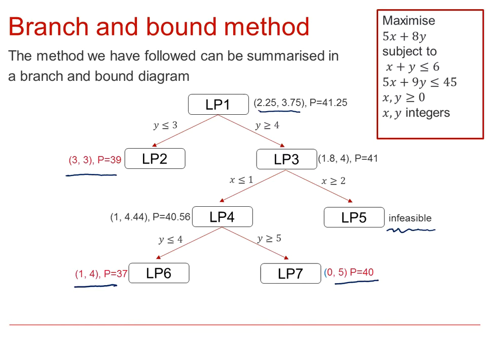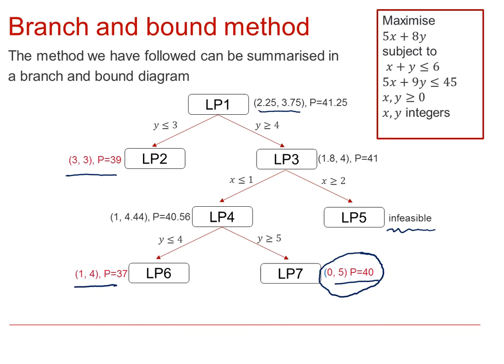Now all we need to do is choose the integer solution with the maximum P value. In this case, we can see that that will be P equals 40 at the point 0, 5. So this is the optimal integer solution to the original integer linear programming problem given in the red box above.